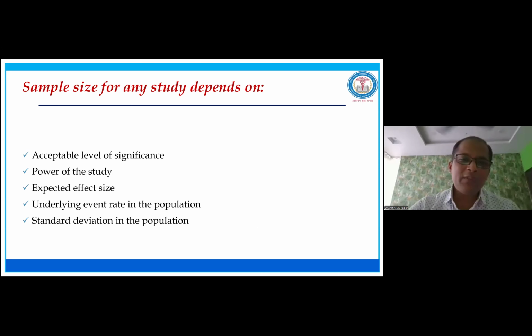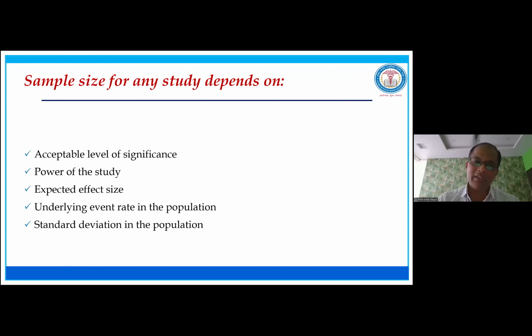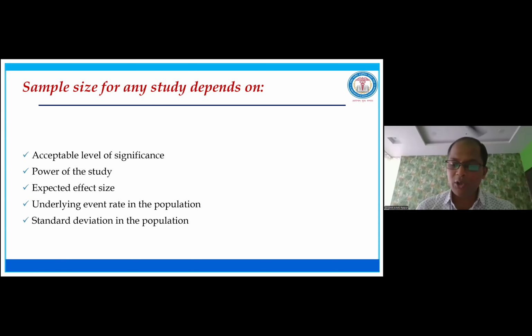Sample size for any study depends on the level of significance, the power of the study, the expected effect size, that is the difference between the two groups, and the underlying event rate in the population. For example, in agreement studies, the sample size also depends on the prevalence of that particular disease, event or condition in the population, and the standard deviation of the population.